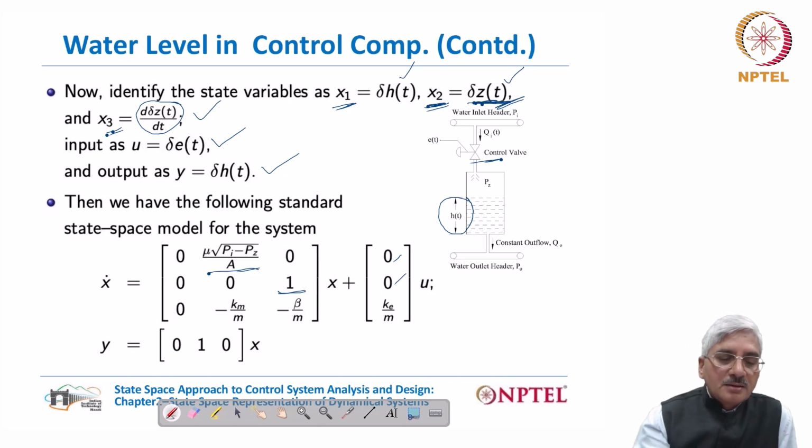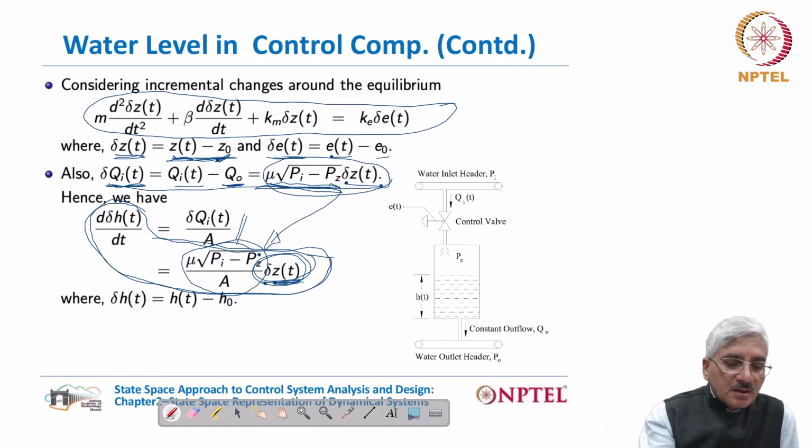The third state comes from here: m into the derivative of the speed plus beta into the speed plus km into the position. So position is state x2, speed is state x3. If we change sides, we take them to the right.